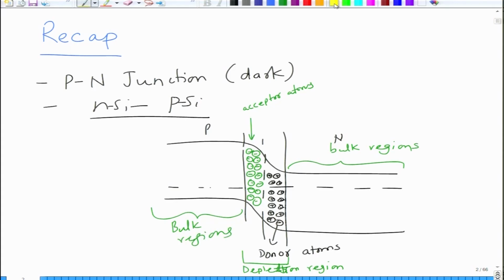You still have excess carriers on both sides. So, this side will have lot of electrons, and here you will have some holes, and on this side you will have lot of holes and few electrons. As we said earlier, in this case Jn plus Jp total is equal to 0.